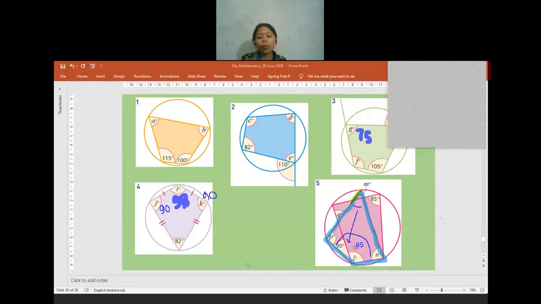We can find it by 180 minus 30 minus the P, which is equal to 95. When we calculate it, it will be equal to 55. The P and the yellow angle will be equal because they are vertically opposite. That's why the Q will be equal to 55 degrees.